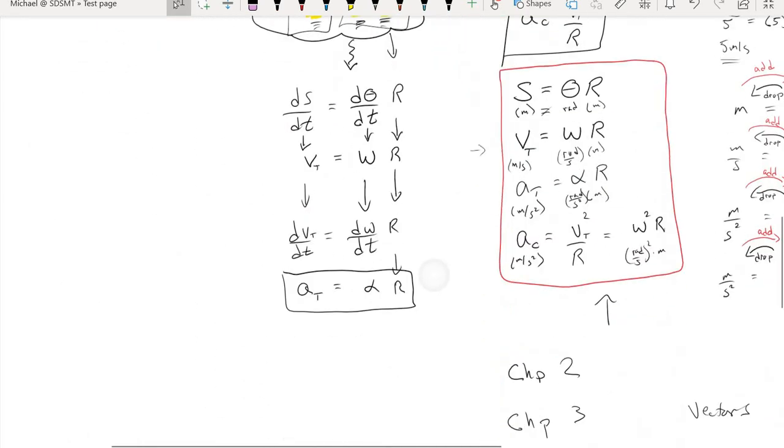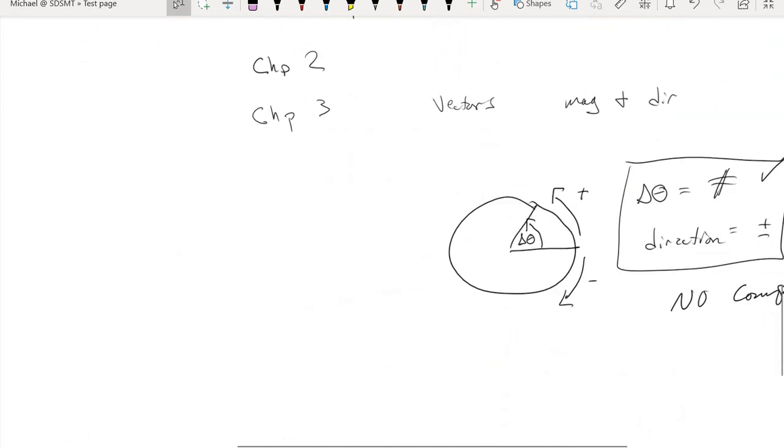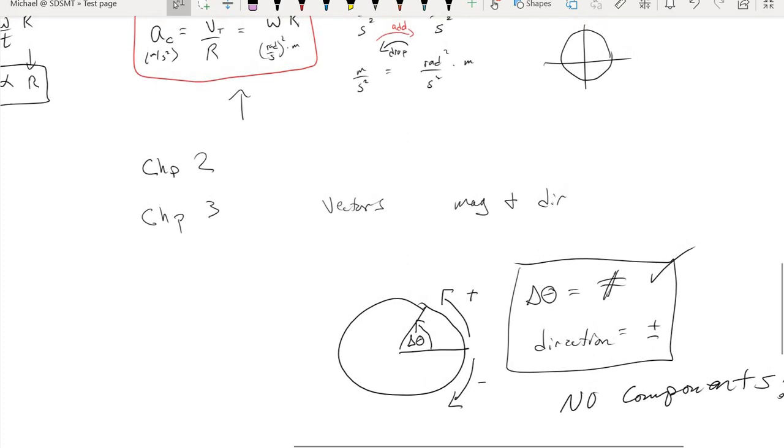Our acceleration will either be in the positive or the negative direction. Chapter 4 was our attempt to combine chapters 2 and 3. Well, we've already done chapter 2. We've already done chapter 3, which means we put them together, we're already done with chapter 4.